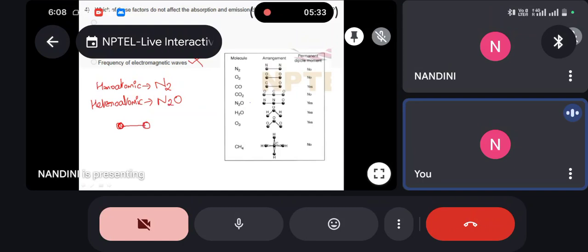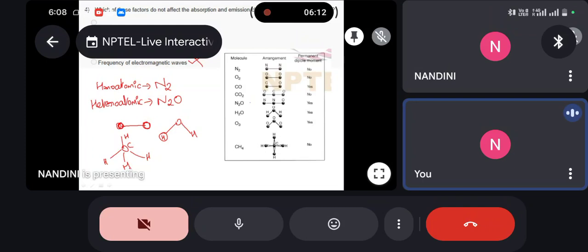It can be planar, like H2O, with one oxygen and two hydrogen atoms. Or it can be three-dimensional, like CH4, with C and four H atoms. So there can be different structures for these molecules as well. The molecules can be homoatomic or heteroatomic, and the structure can be linear, planar, or three-dimensional.